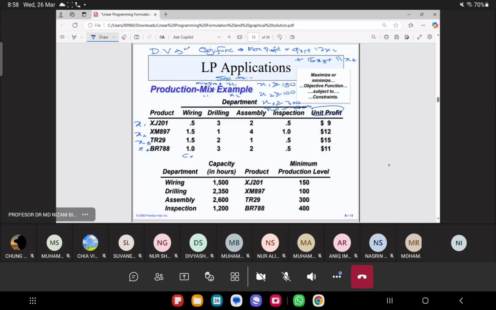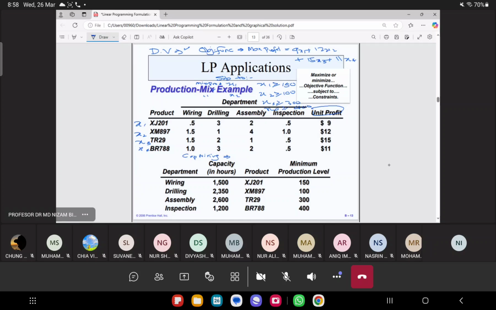So first, I have a capacity of wiring constraint, and I can define that with this equation. I can calculate the capacity utilization of wiring. It shows here that X1 requires 0.5 hours, X2 requires 1.5 hours, X3 requires 1.5 hours, and X4 requires 1 hour.